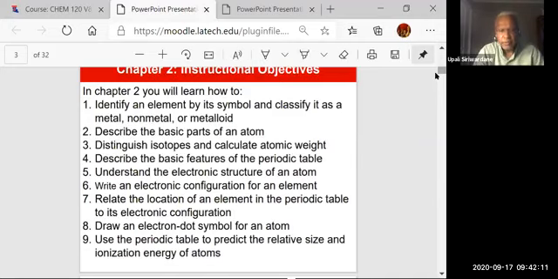Now you need to be able to describe the periodic table in terms of groups, periods, s blocks, p blocks, atomic orbital blocks, and different classifications. What are actinides, lanthanides, transition elements, things like that. You should be able to write an electronic configuration for an element using the periodic table.